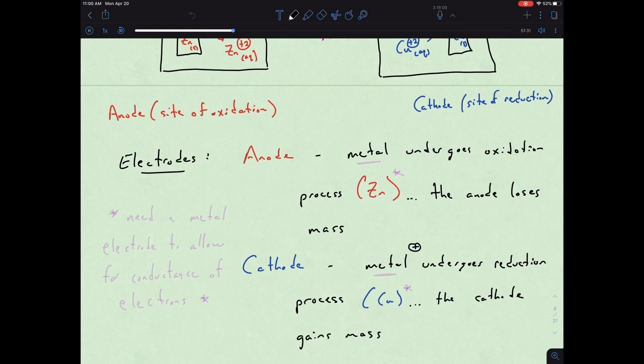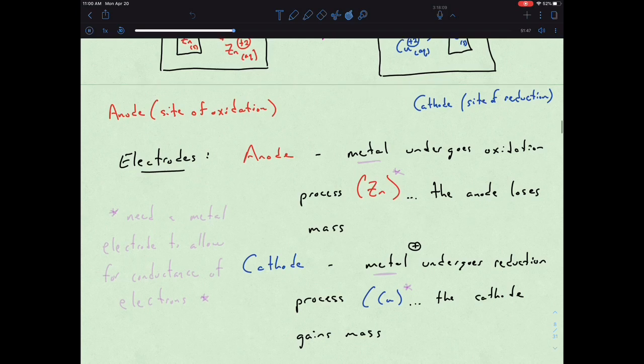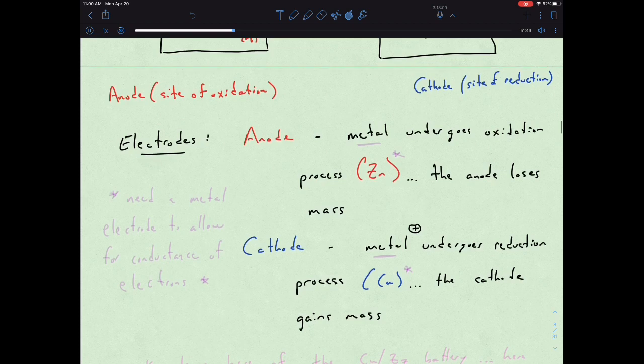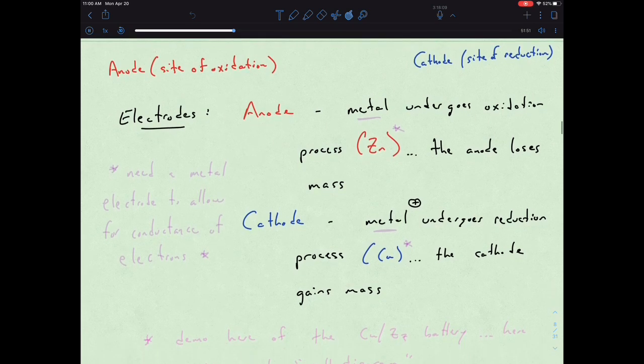So with the anode, you're actually losing moles of that electrode, and so you're basically seeing it dissolve or lose mass. In the cathode sense, you're actually gaining moles, so you're actually seeing metal depositing, I suppose, and then also that gain of mass.